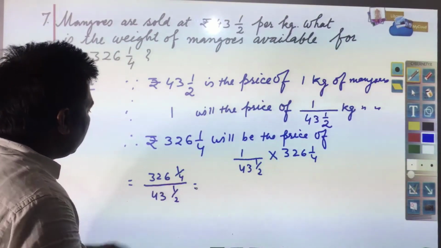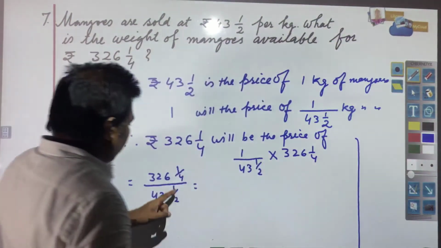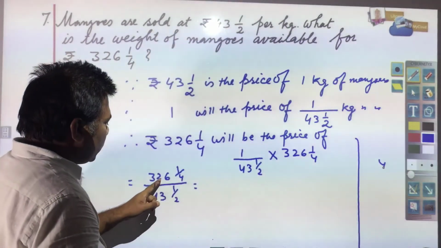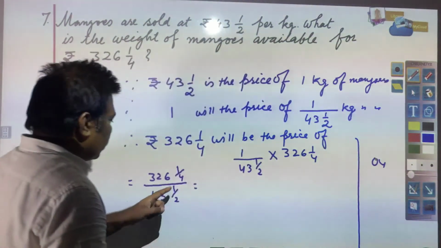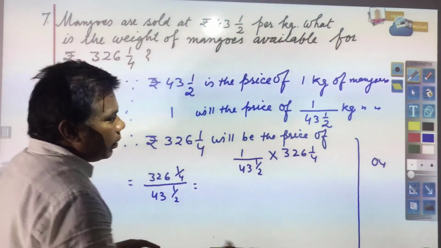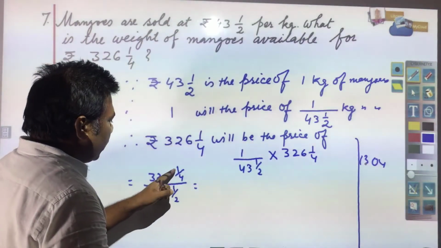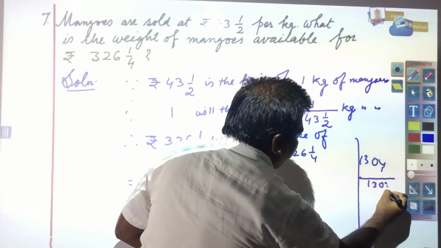In rough work, 4 sixes are 24. 4 you have written. 4 twos are 8 and 2 is 10. 0 you have written. 4 threes are 12 and 1 is 13. This 1 is required to be added on this. So you will get 1305.